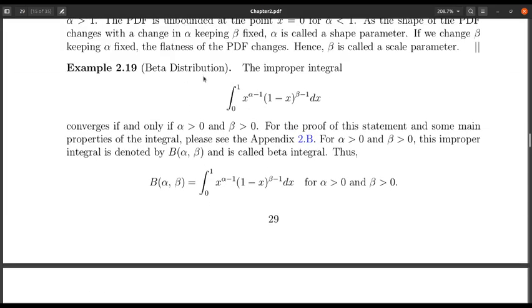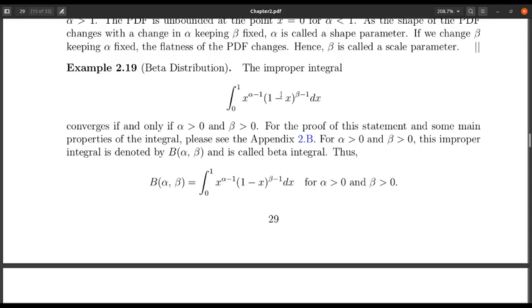Next one is the beta distribution. Again, it is on a similar flavor: this integration is an improper integral. It will be improper if alpha is less than 1, because near x equals 0 we have a problem. If beta is less than 1, we have a problem near x equals 1.